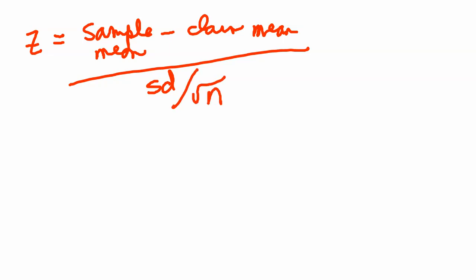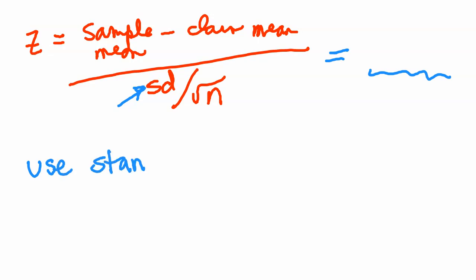So the only difference in these formulas between z and t is this thing right here. If we know the population standard deviation, it's z. If we only know the sample standard deviation, then it's a t-score. Now, if you get this number, then you use the standard normal curve in your calculations.